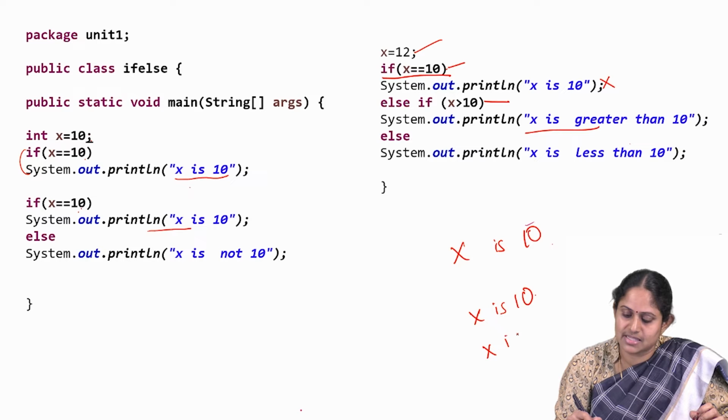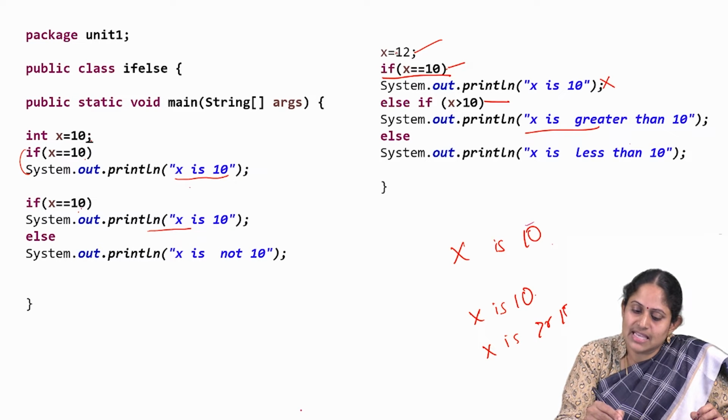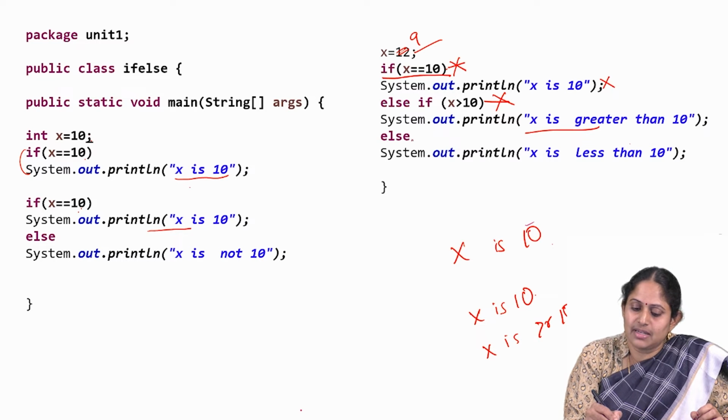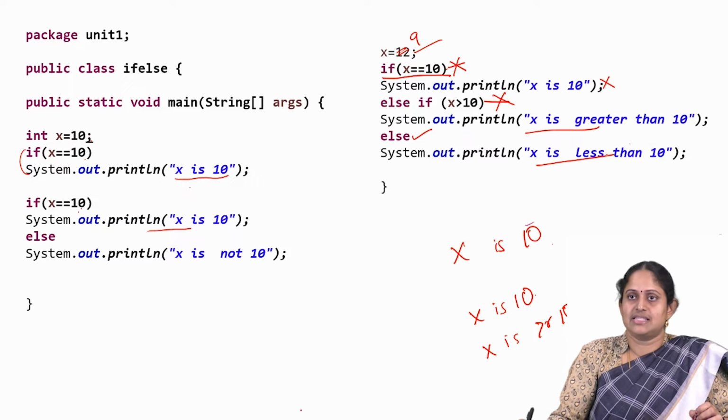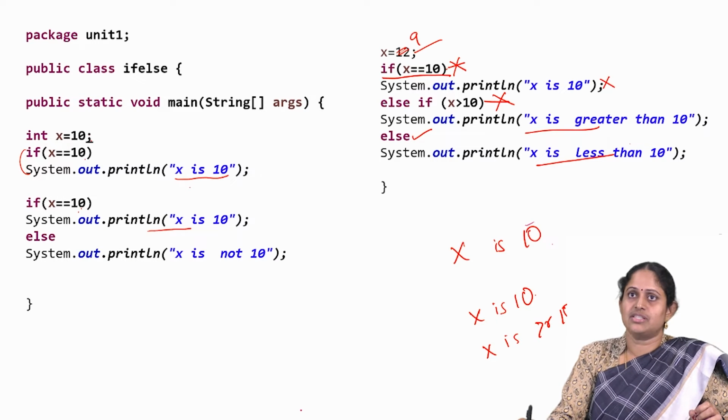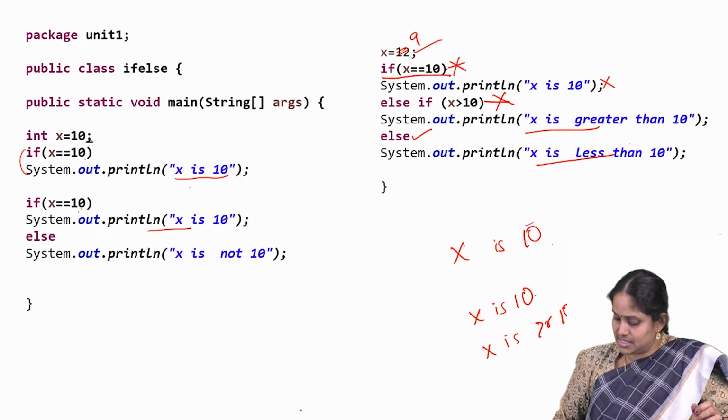You will get x is greater than 10. Now in case the x value was 9, what will happen? This statement will fail, this statement also will fail, but this last statement will come out true and it will print x is less than 10. So this is the working of the if-else ladder.